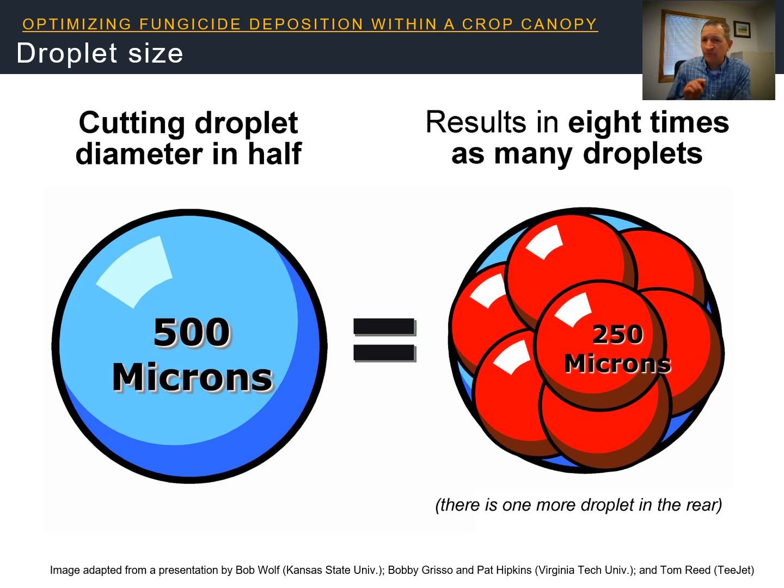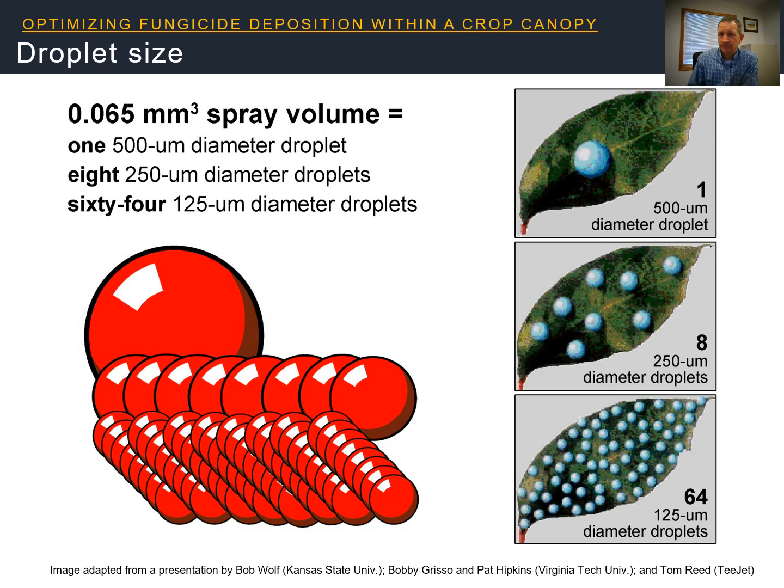The volume, for instance, of a 500 micron droplet translates into the same volume of 8 250 micron droplets. And if you cut that droplet size in half again, you get 64 droplets, all with 125 micron diameter. So what does this mean in terms of disease management?